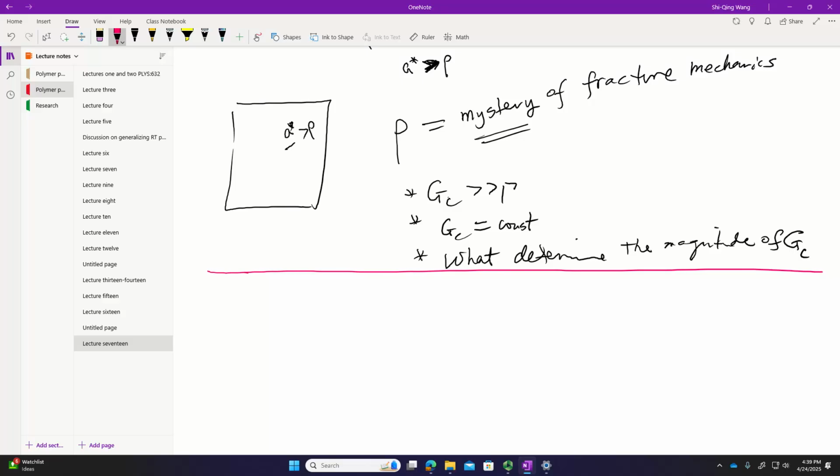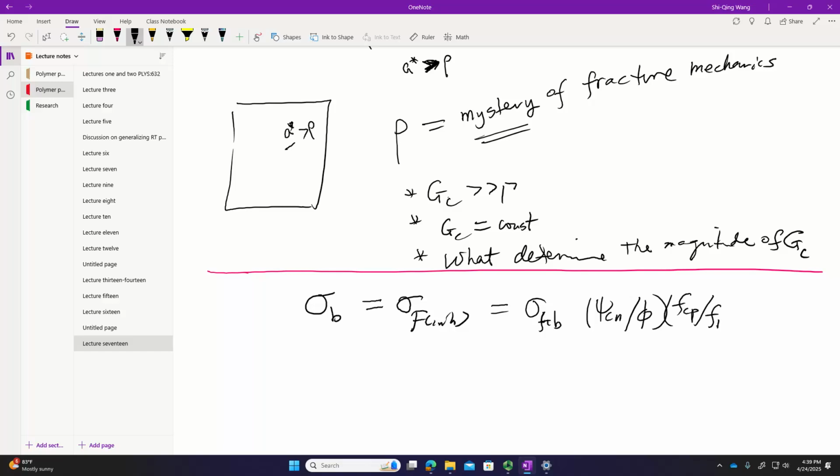So how did we get ourselves started? We got started with the speculation that this may be comparable to the inherent strength. That's where we start. And we had that lovely theory that says, relative to the fiber limit, it could be lower by a factor of 100, because these two factors could be each a tenth.